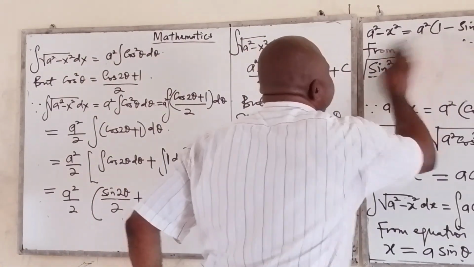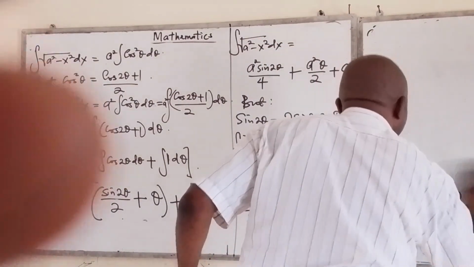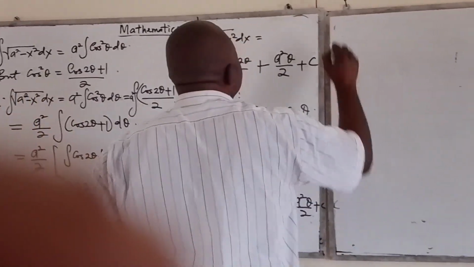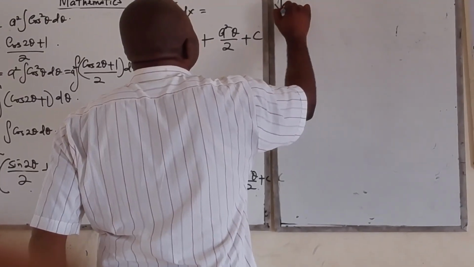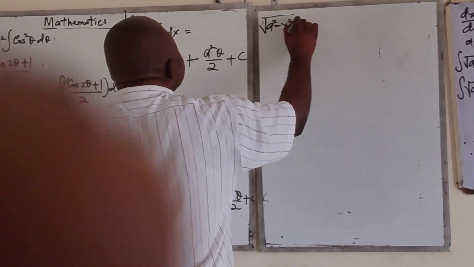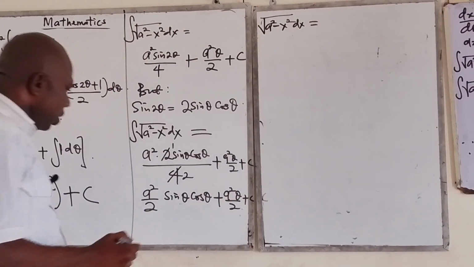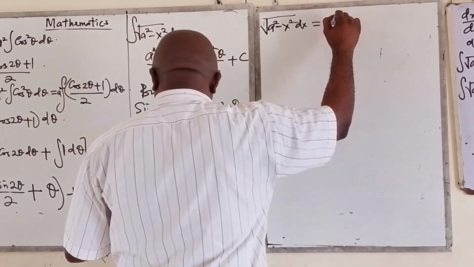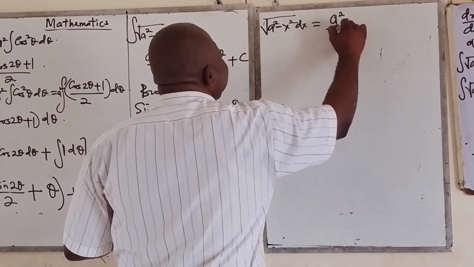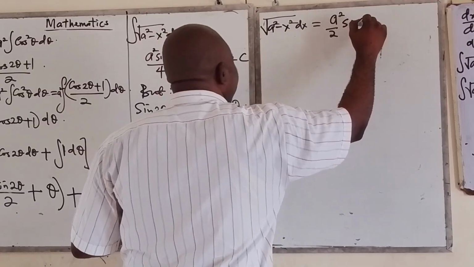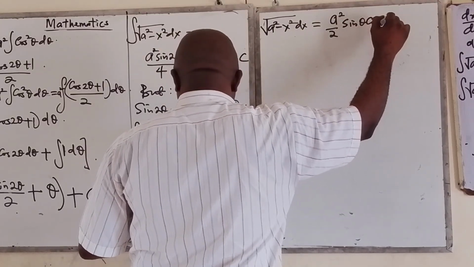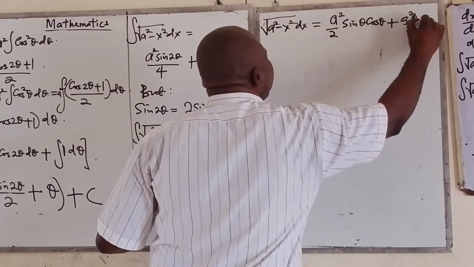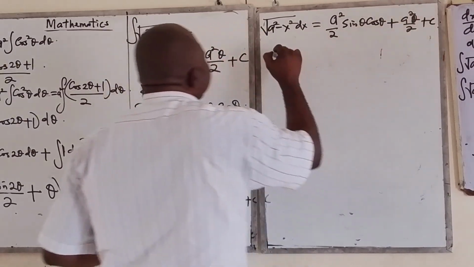Now the whole of this will be equal to a squared all over 2 sine theta cos theta plus a squared theta all over 2 plus c.